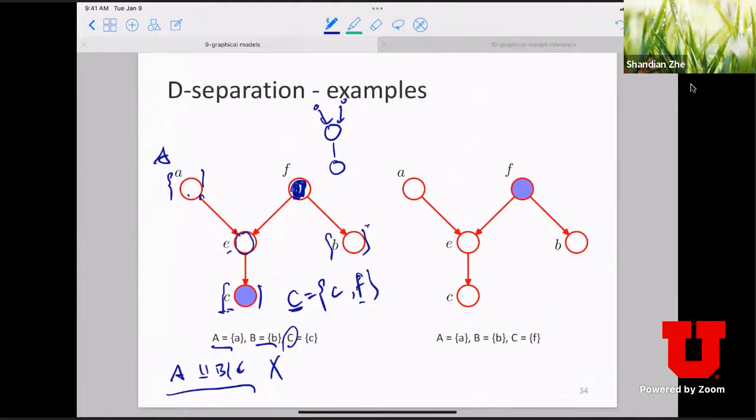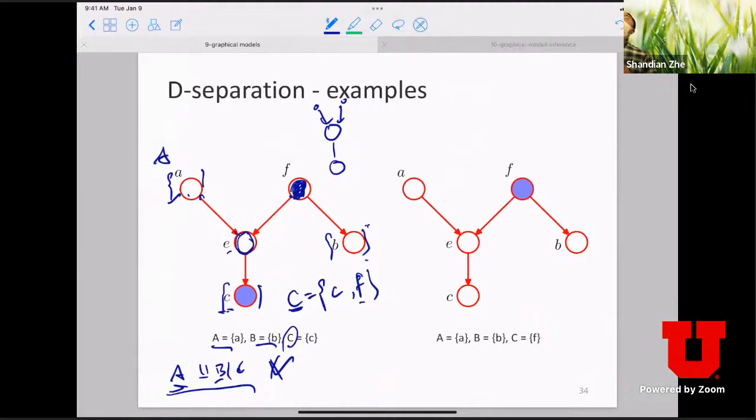Then we move to C, we move to F. F is a tail-to-tail structure, and now it matches the conditional independence rule. Because F is observed, the neighboring nodes E and B are conditionally independent, meaning this path is blocked. So your ball is stopped here. You don't have any other paths. That means all the paths between the nodes in big A and nodes in big B are blocked. So we can conclude that in this case, big A and big B are conditionally independent.